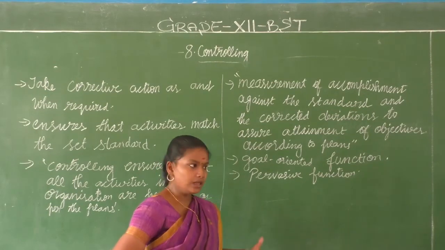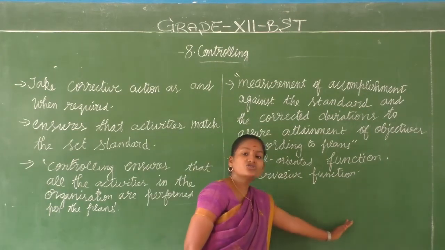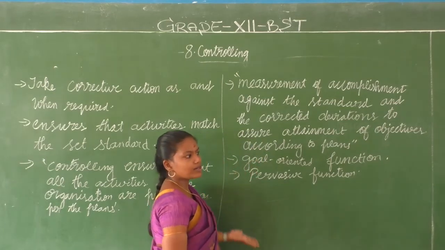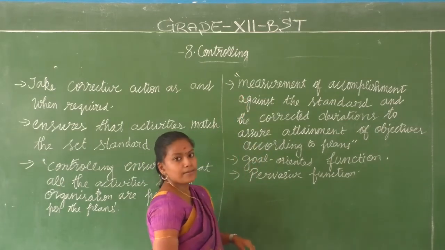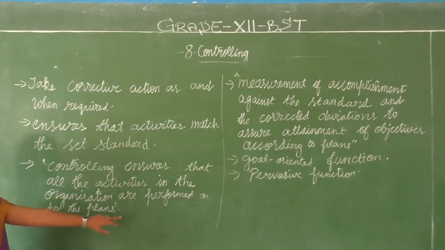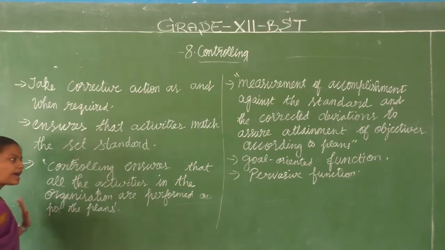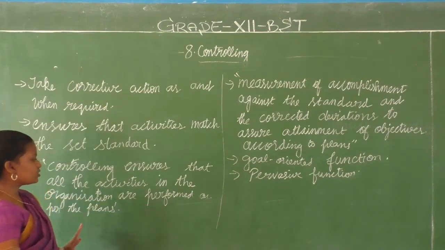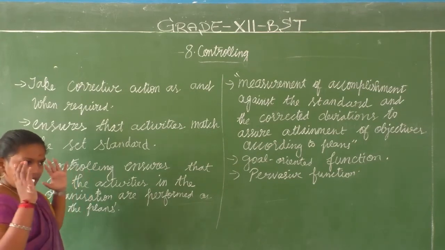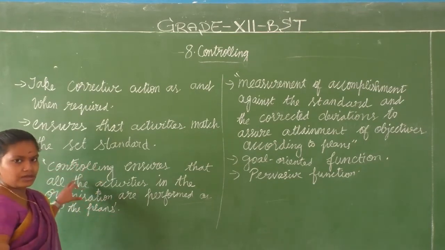But still, what is it? Controlling function is the same. What does it do? It measures your accomplishment. Or to be simple, it ensures that all the activities in the organization are performed as per the plans. Simple, right? Verifying whether everything goes according to the plan is controlling.